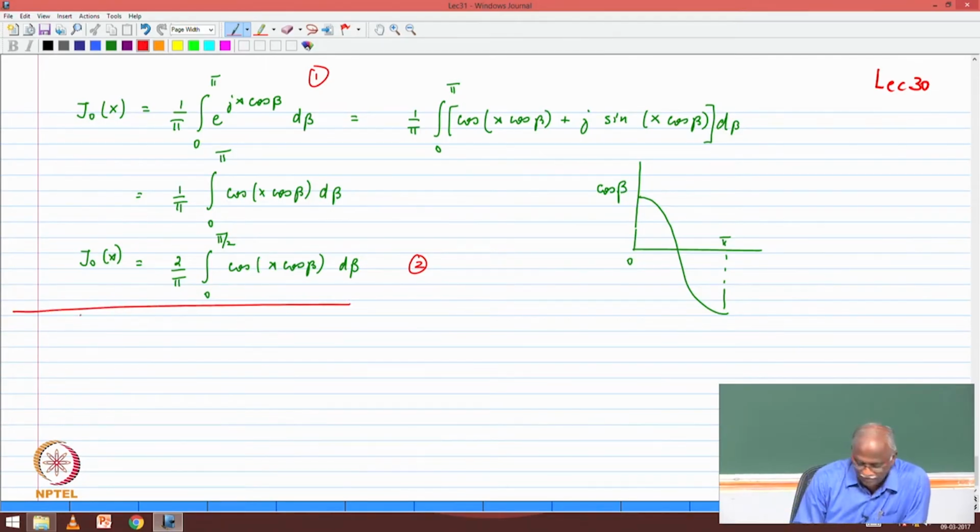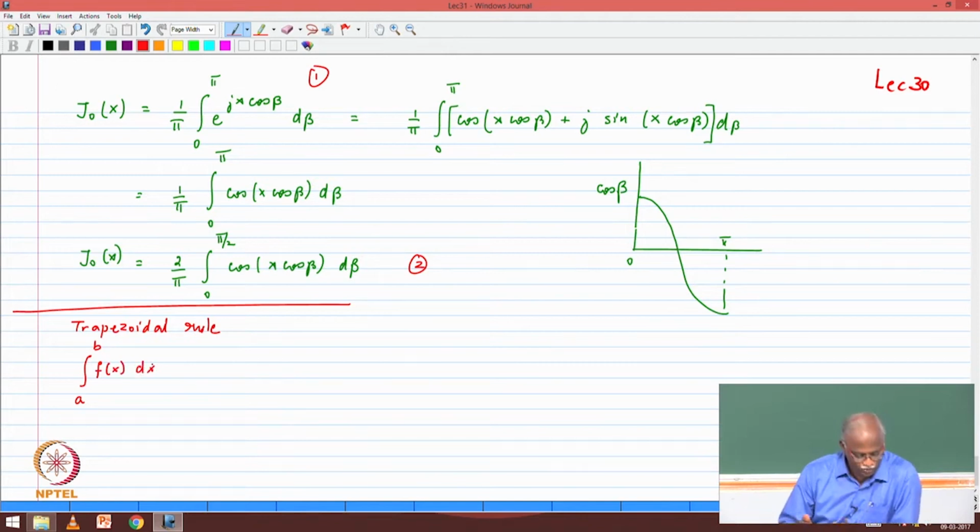study of calculus, integrals can be approximated by a rule called the trapezoidal rule. Let me refresh your memory, in case some of you are probably very familiar with it. Integral a to b of f of x dx. This is a very general rule for real integrals.